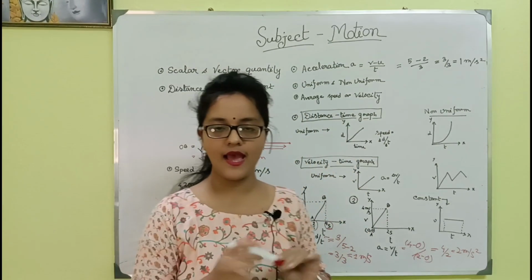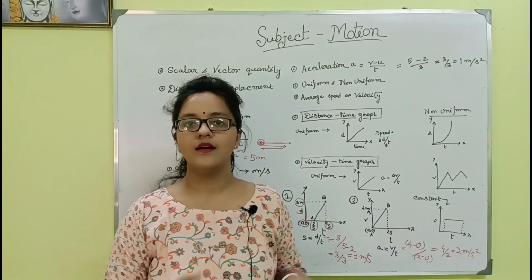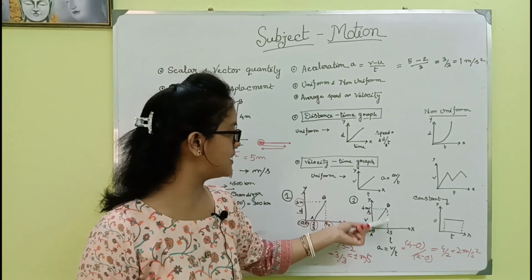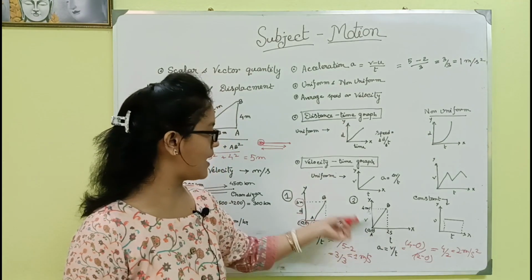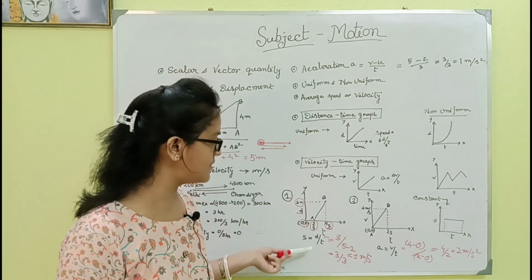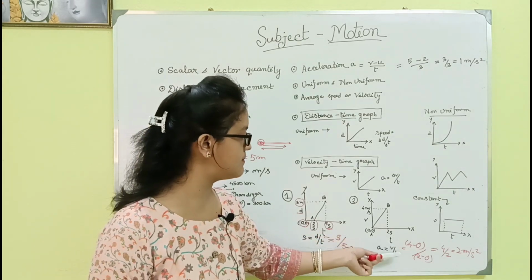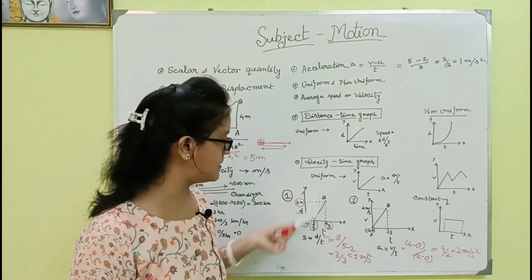So first I have to notice the initial position, time, distance or velocity, and the final position, time, distance or velocity. Then we have to follow the formula, speed is distance by time, acceleration is velocity by time, and here we have to put the numbers.